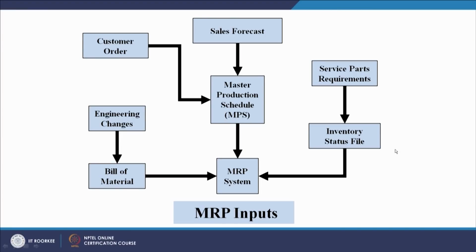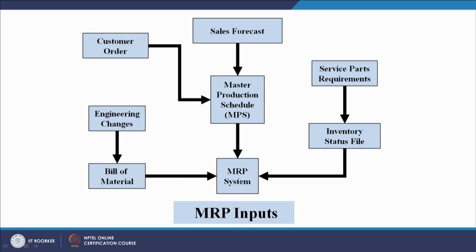If you remember, as per the APICS dictionary, we have seen that there are three inputs to materials requirement planning. As per our diagram here, one is the master production schedule, the input to the MRP system. Then the inventory status file is another input to the MRP system, and the bill of materials is another input.